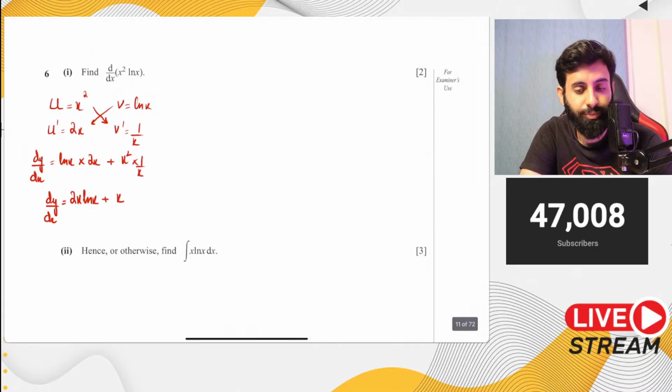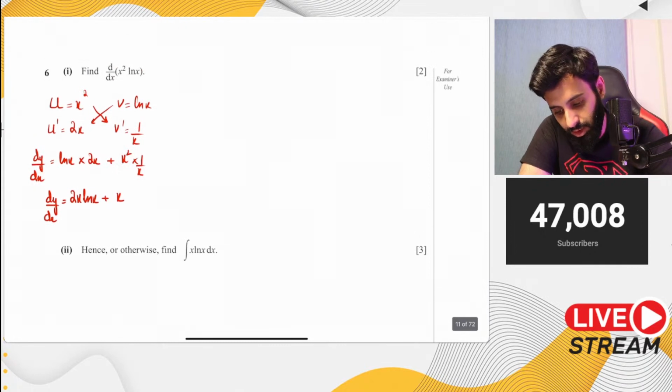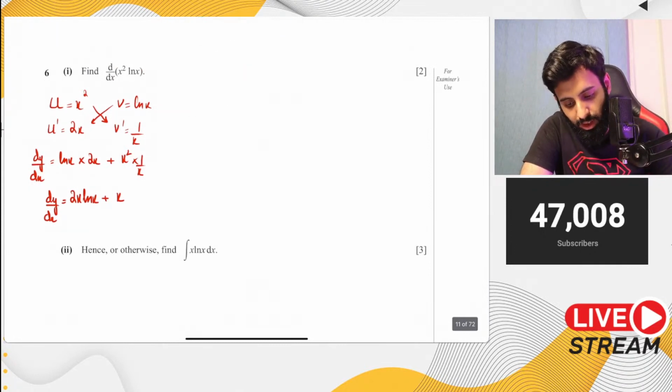Now remember there's a trick which you need to use in order to solve hence find questions. Don't just brainlessly start solving them. You have to use the answer to the previous part. Now after solving the first part, what do we now know?